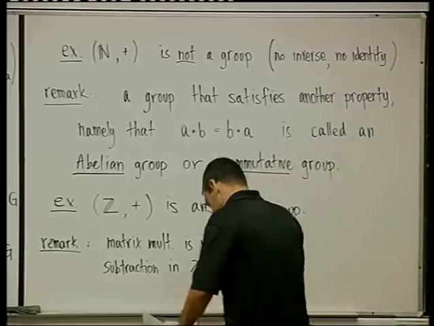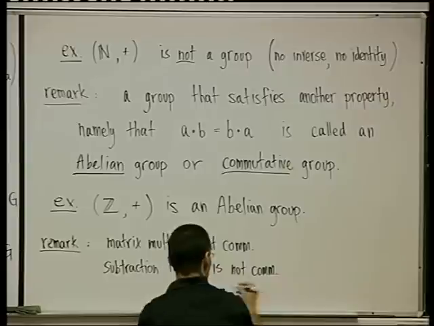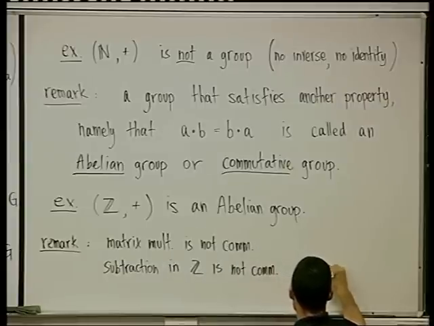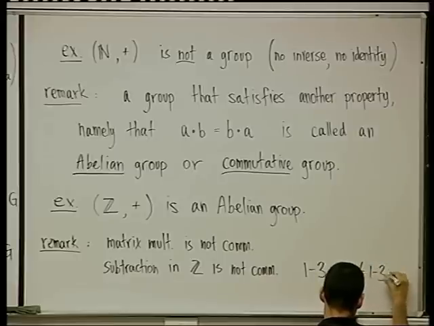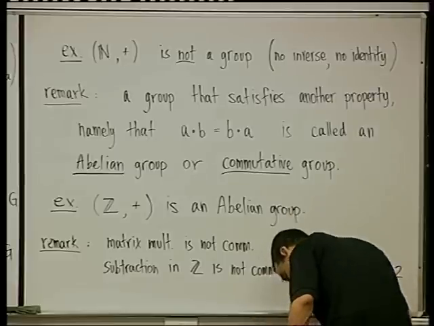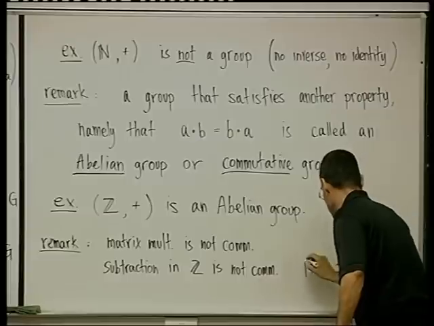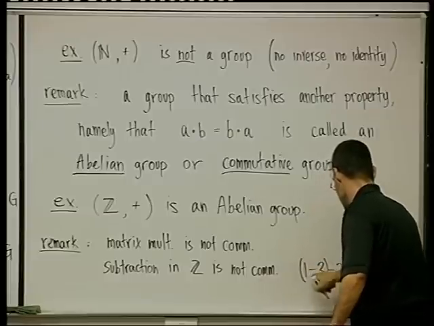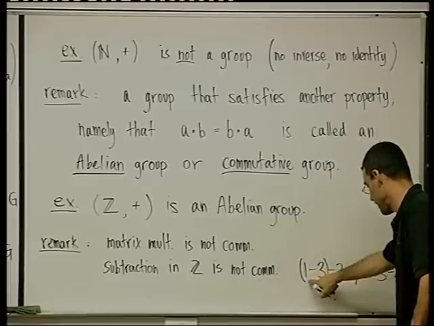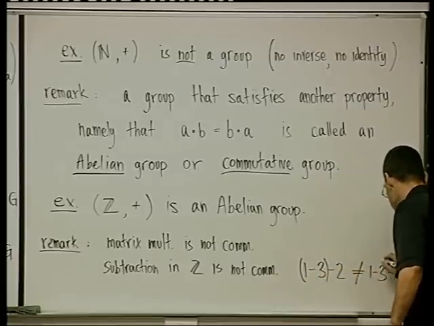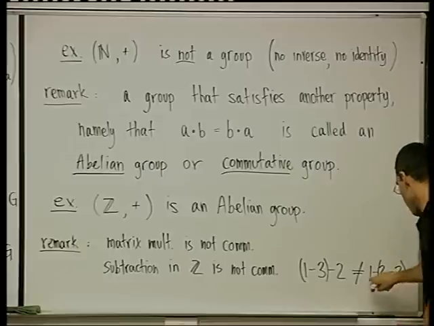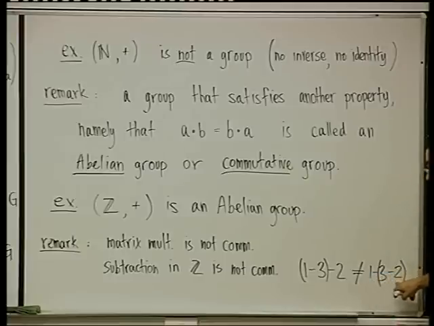So for example, if you take 1 minus 3 minus 2, that's not the same if you do it in two various ways. If you do 1 minus 3, that's negative 2, minus 2, that's negative 4. But if you do 1 minus, 3 minus 2, that's 0.